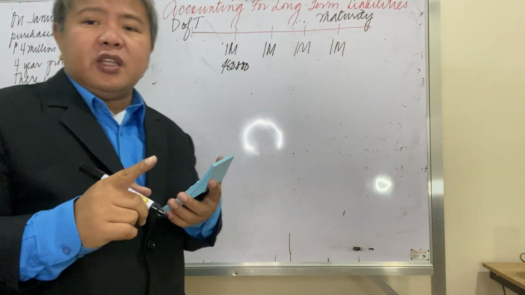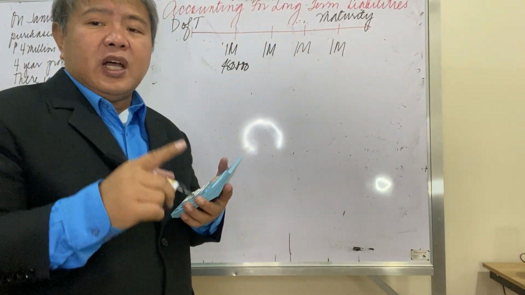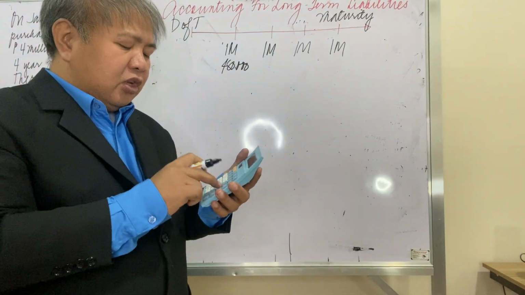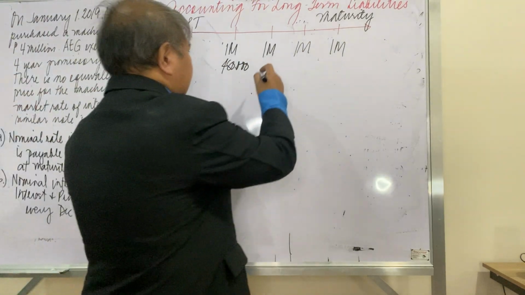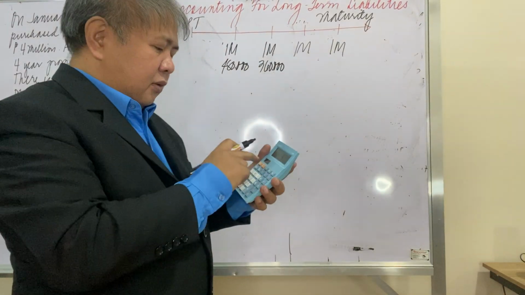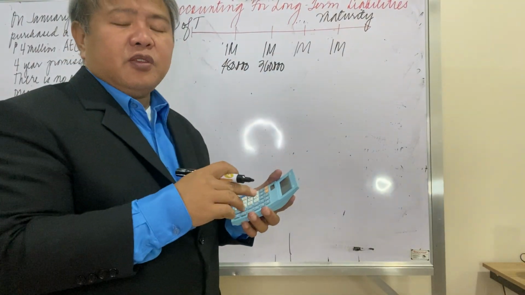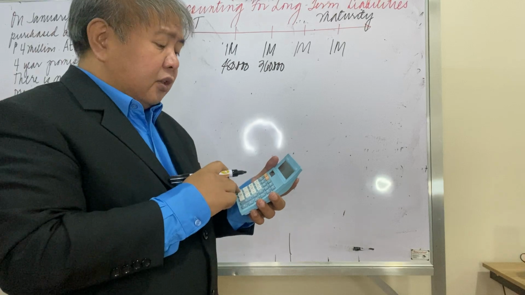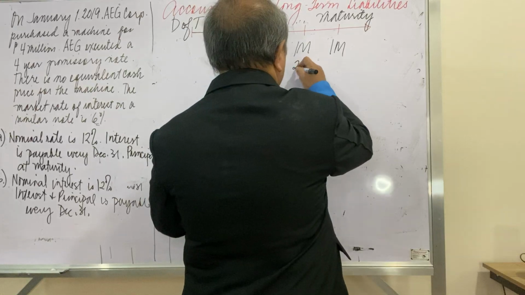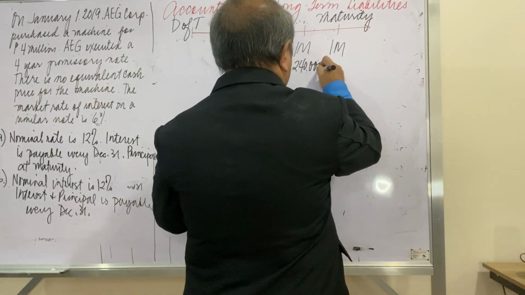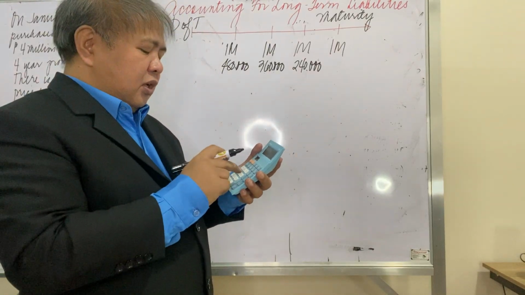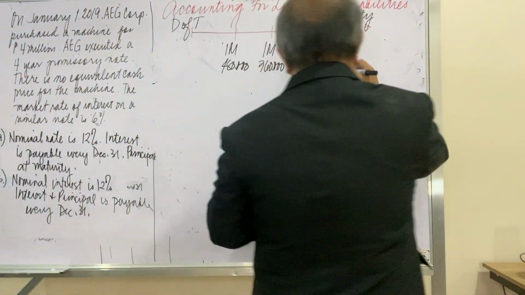At the end of the second year, the obligation is now 3 million pesos, so that will be the base. 3 million times 0.12 is 360,000. Then the obligation is 2 million times 0.12, that's 240,000. And on the last year, the obligation is just 1 million times 0.12, that's 120,000.